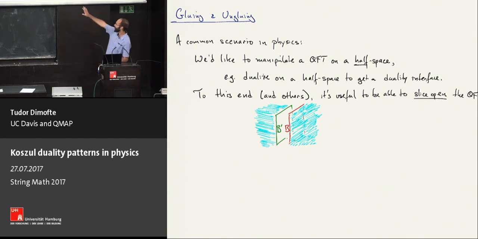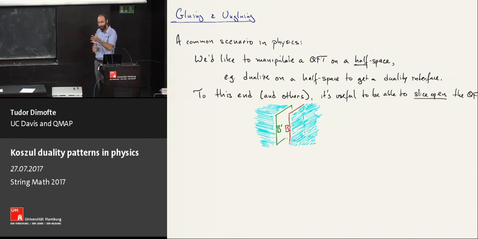The basic physical motivation is that we often want to do something to half of a quantum field theory. For example, to create a duality interface. In 4D, if you want to create an S-duality interface, you apply S-duality to half of N=4 super Yang-Mills, and then get some degrees of freedom trapped at the boundary.